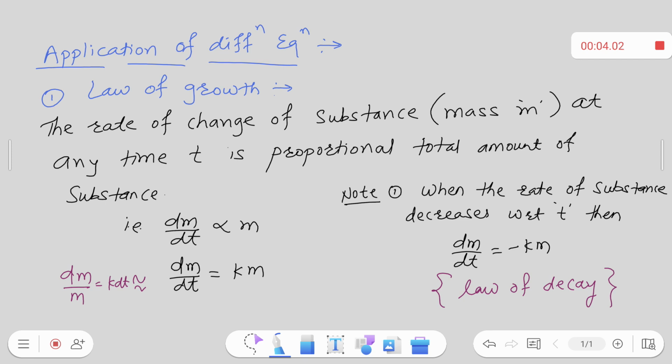Then by using the initial conditions given, we find the total amount of substance at any time. So whenever growth is mentioned, apply the first rule, and whenever decay, decomposition or decrease is mentioned, apply the second: dm by dt is equal to minus km.